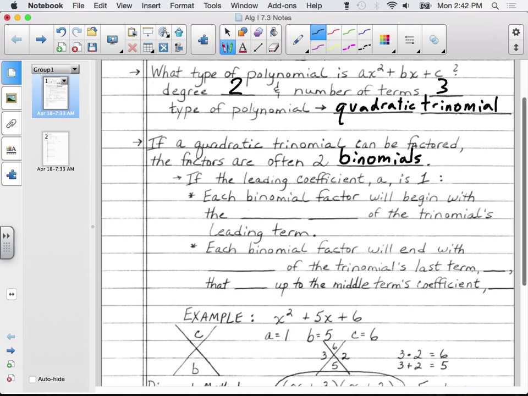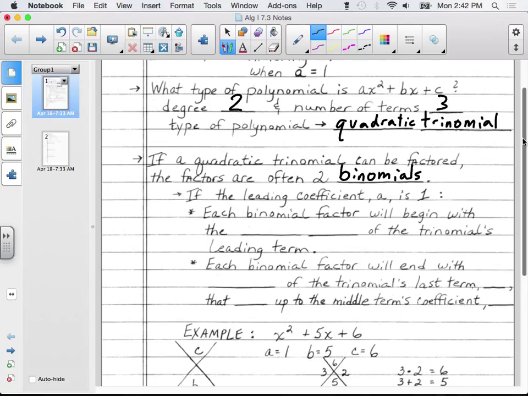Today we're just going to be working with trinomials where the leading coefficient is 1.